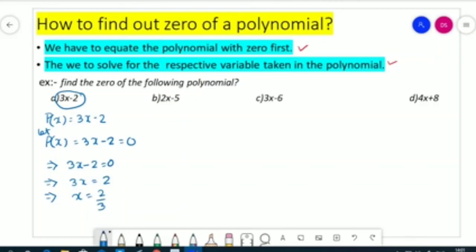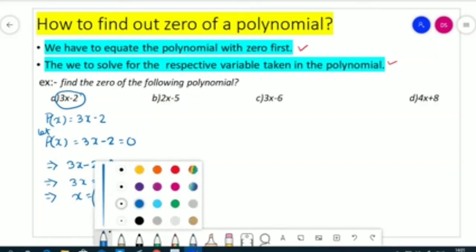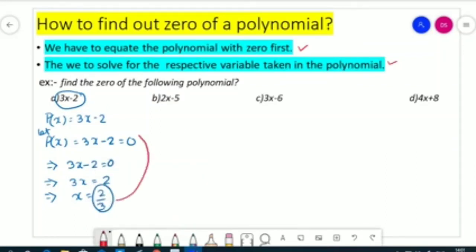So for the value 2/3, the respective polynomial will be 0, yes or no? Let's verify, look.